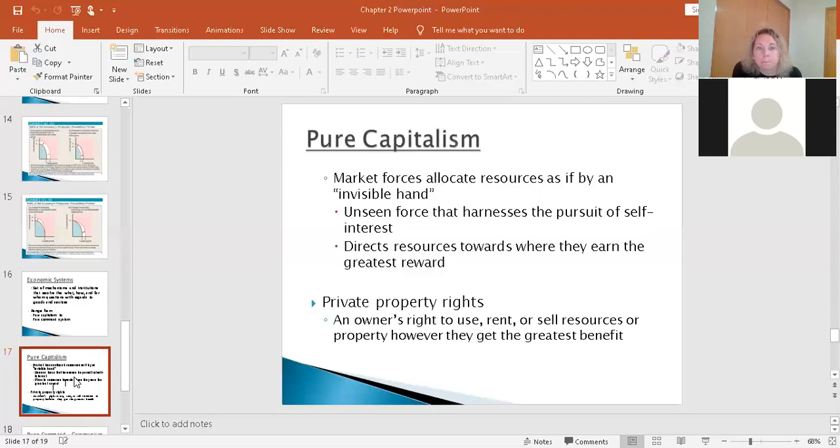Now, if you were in a purely capitalist society and there were people who didn't have any resources, what would happen to them? Thoughts? They would die, okay?